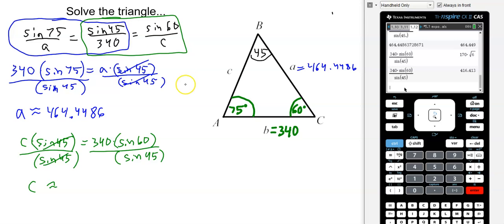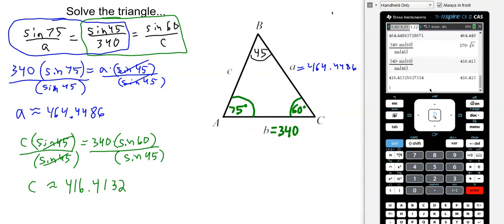So we need the decimal, so that's going to be 416.4132. Just in this chapter, I want you to take it out 4 decimal places. And so we've got all the sides and all the angles. We have solved the triangle. Let's try another one.